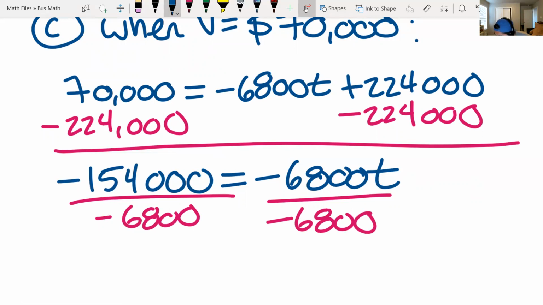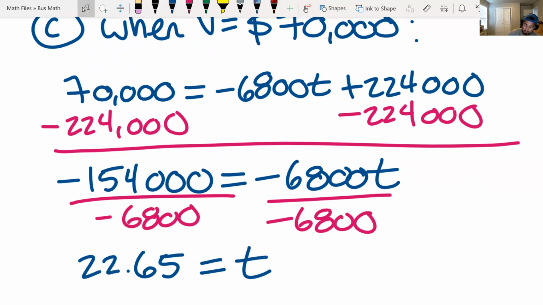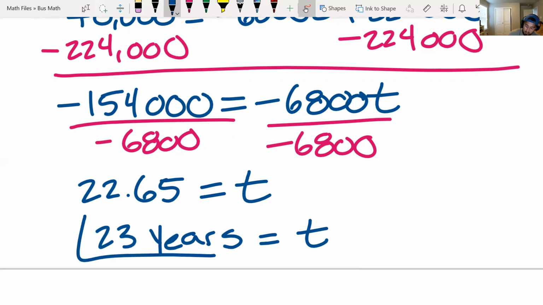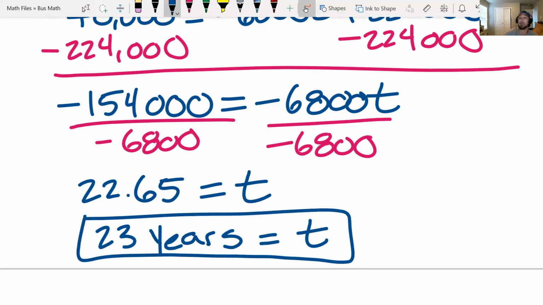I get 22.65 equal to T. This means that in 23 years, the boat will fall below $70,000.